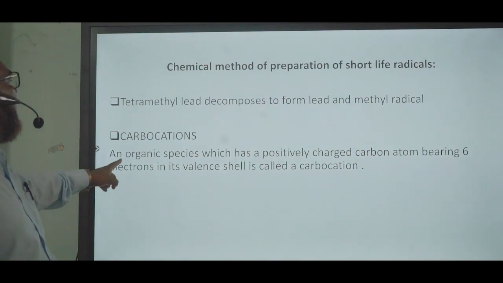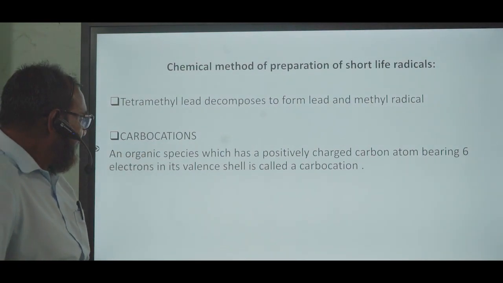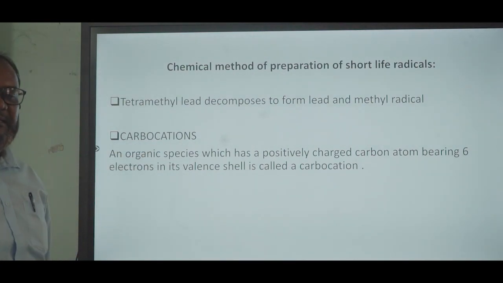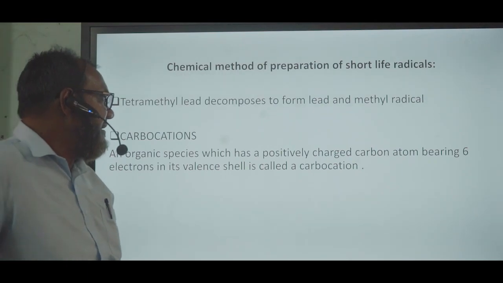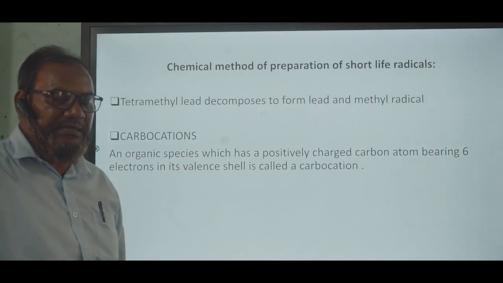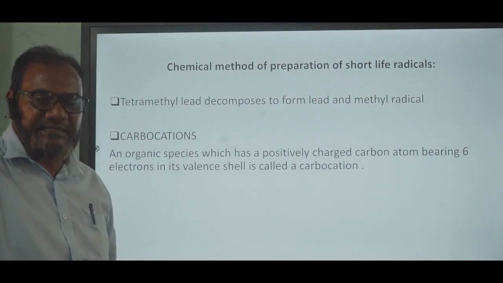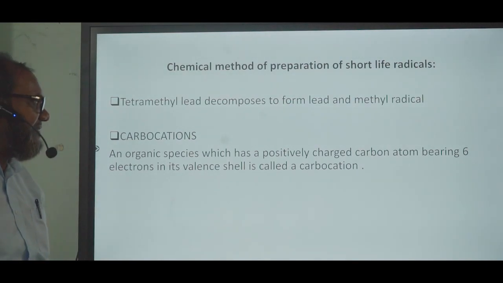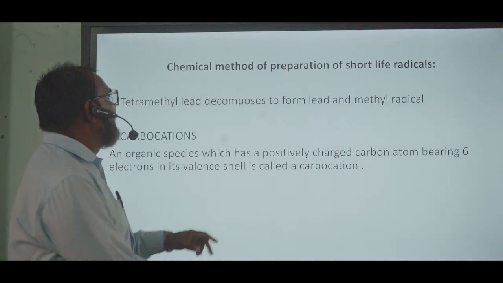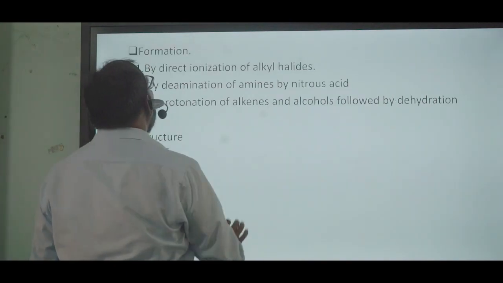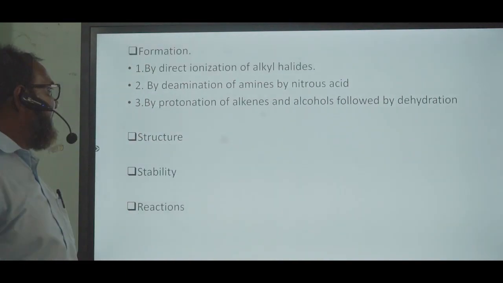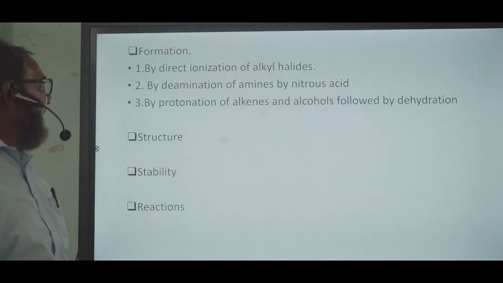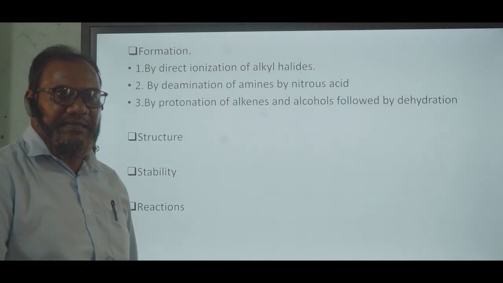Next one is carbocations. An organic species which has a positively charged carbon atom bearing 6 electrons in its valence shell is called a carbocation. That is, a carbocation contains 3 bonds and 1 positive charge. Next, formation of carbocation: number 1, by direct ionization of alkyl halides.